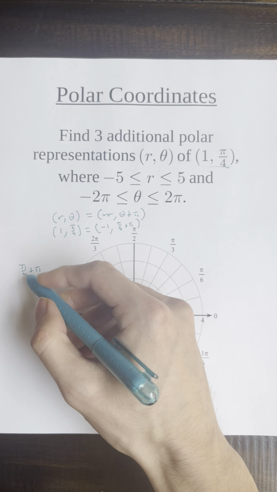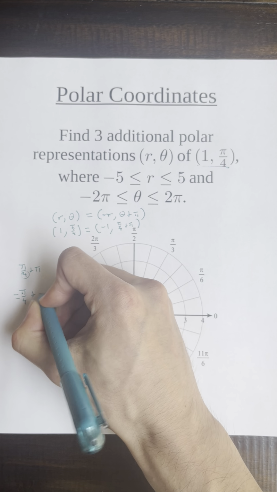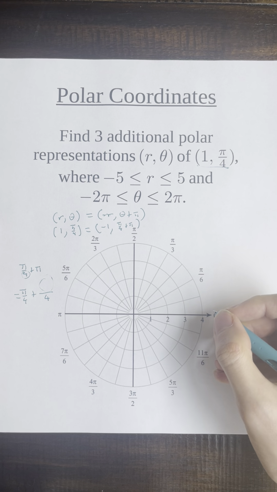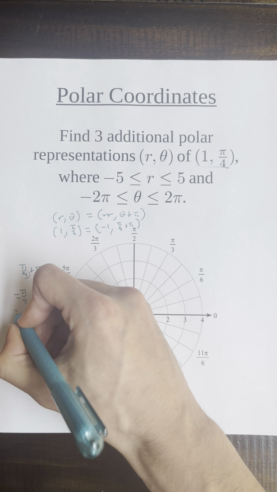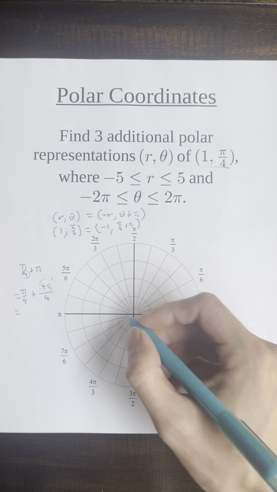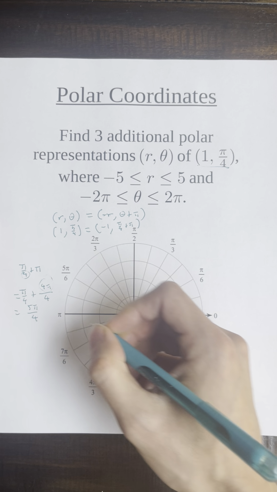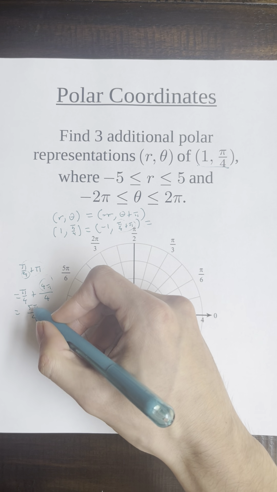Okay, so we need to get a common denominator. Pi is how many pi over 4? 4 pi over 4. Okay, so 1 pi plus 4 pi, how many pi is that? 5 pi. Okay, so this is the same thing as (1, pi over 4).